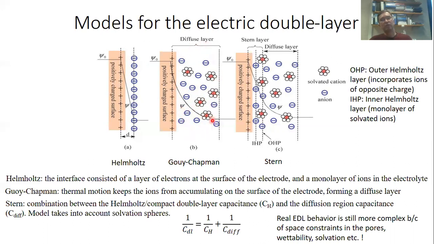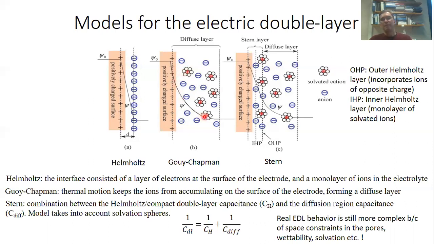Therefore, we actually have a broader, more diffuse double layer in which we have not only ions, but also solvent molecules in between these ions, and the solvent molecules can also coordinate to these ions.